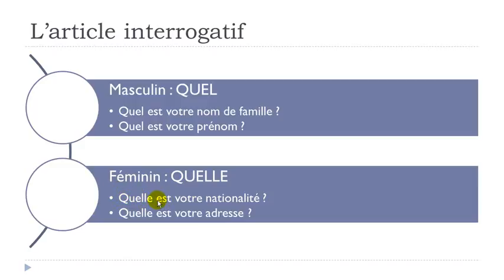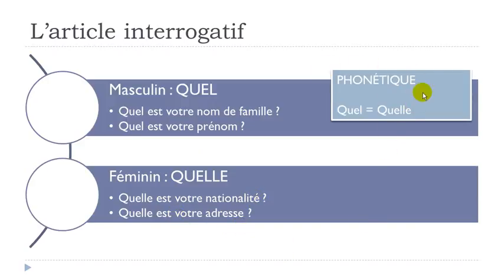Quel est, what is, votre, your, nationalité. What is your nationality? Quelle est votre nationalité? Quelle est votre adresse? What is your address? So, let's repeat them. Quel est votre nom de famille? Quel est votre prénom? Quelle est votre nationalité? Quelle est votre adresse?